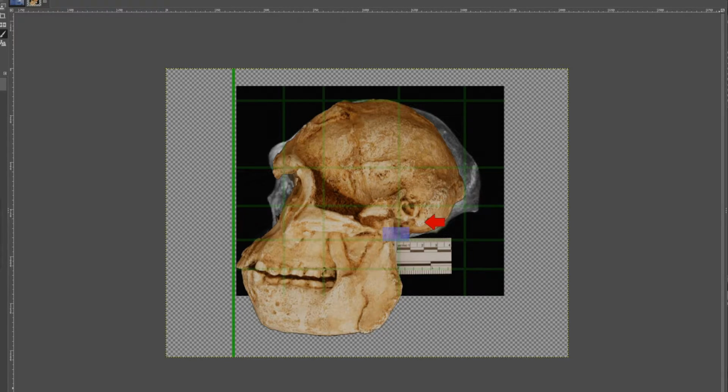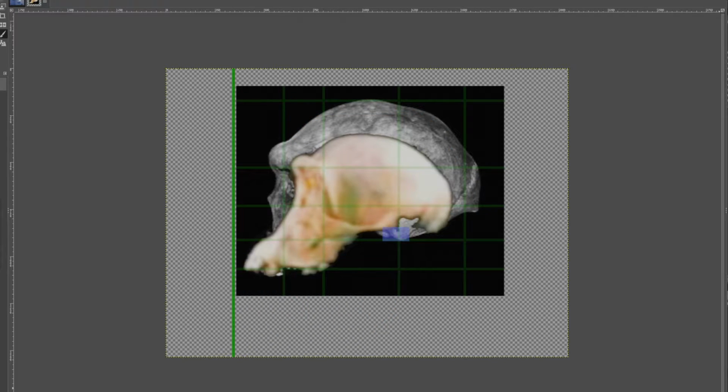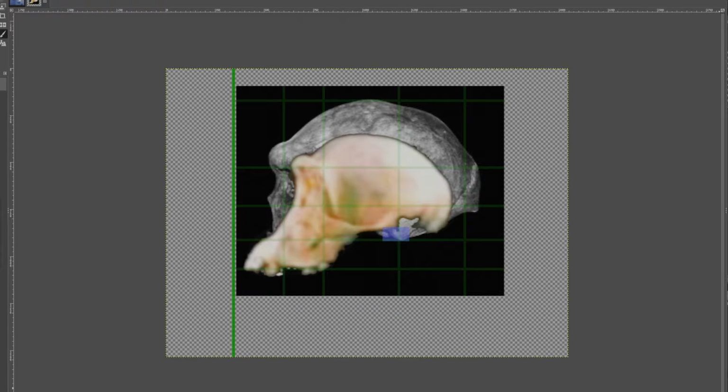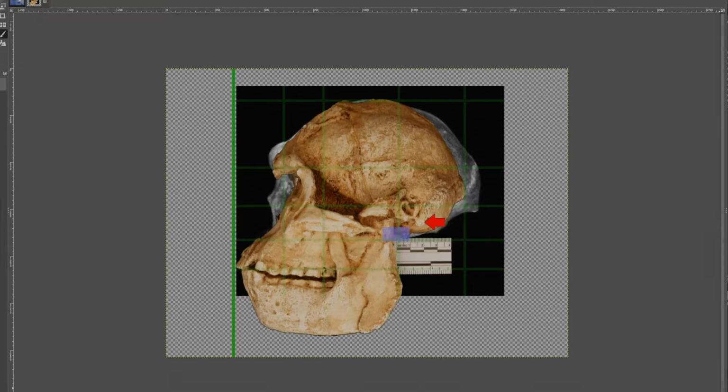Also, Littlefoot is less prognathic than our chimpanzee is, and Biggie is. You can't see it very well on the chimpanzee because it's kind of low resolution. But what you would see too is the honking canines on the chimpanzee when compared to Littlefoot.